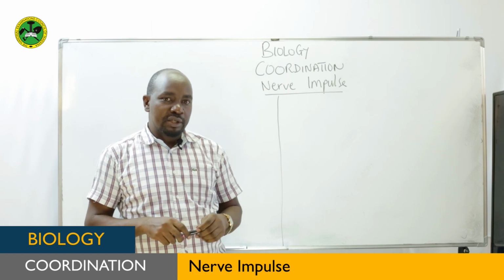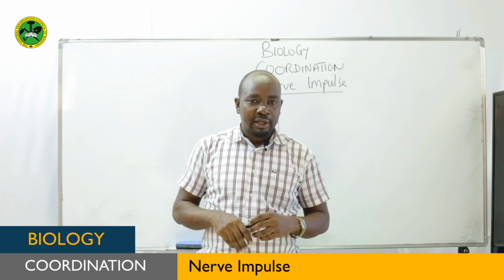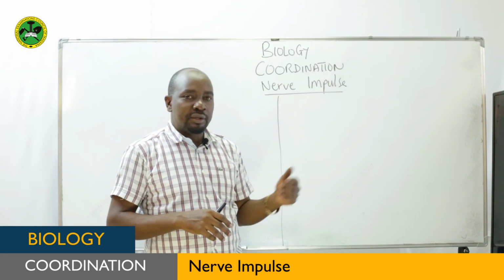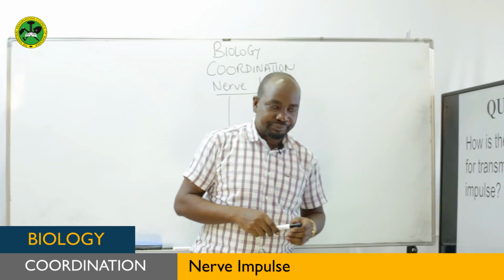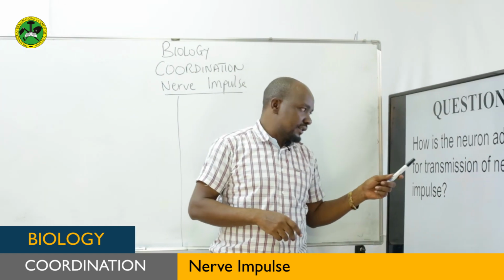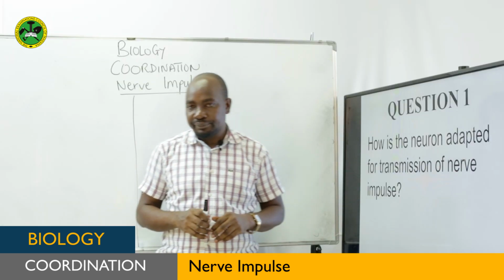Before we proceed with our discussion, let us see the guiding questions. Question number 1 reads: how is the neuron adapted for transmission of nerve impulse?